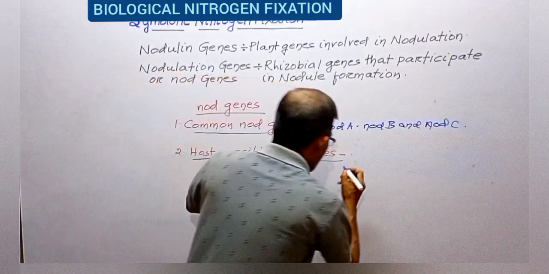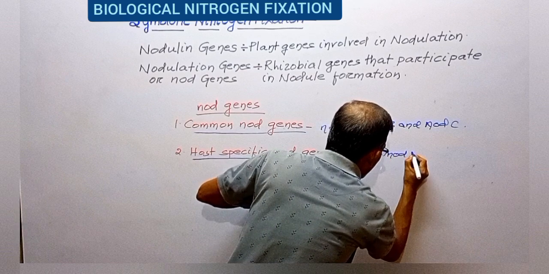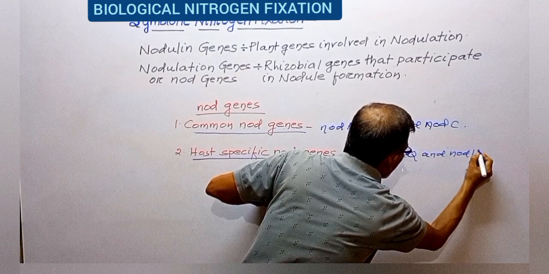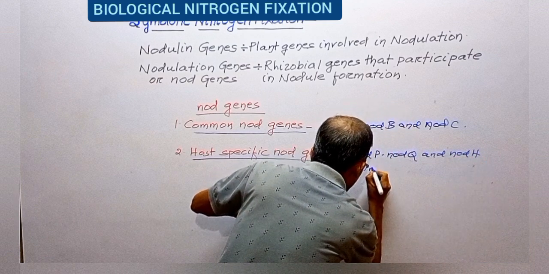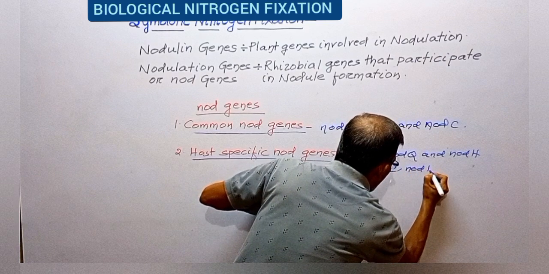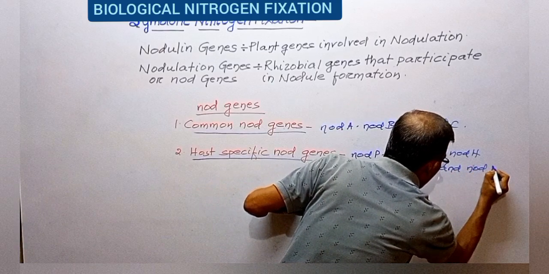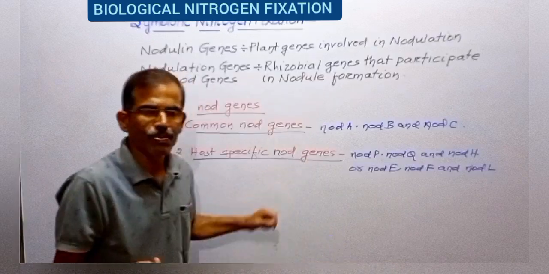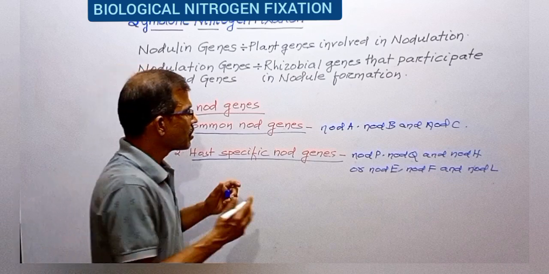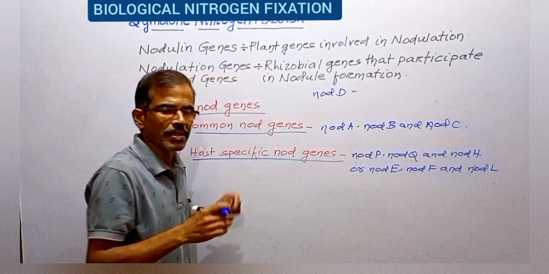Host-specific nod genes such as nodP, nodQ, and nodH or nodE, nodF, and nodL differ among rhizobial species and determine host range. Only one nod gene, the regulatory nodD, is constitutively expressed.